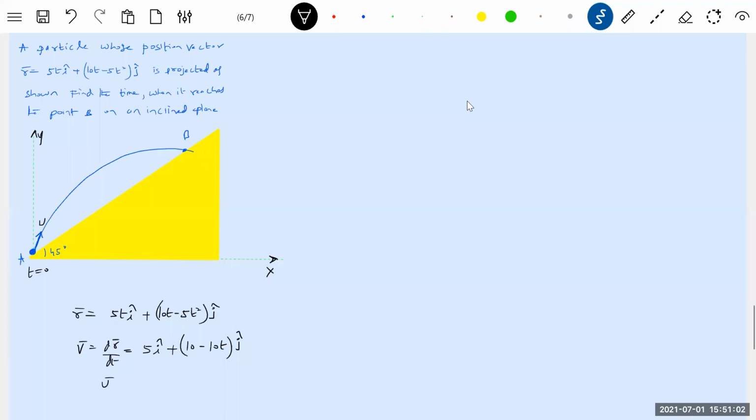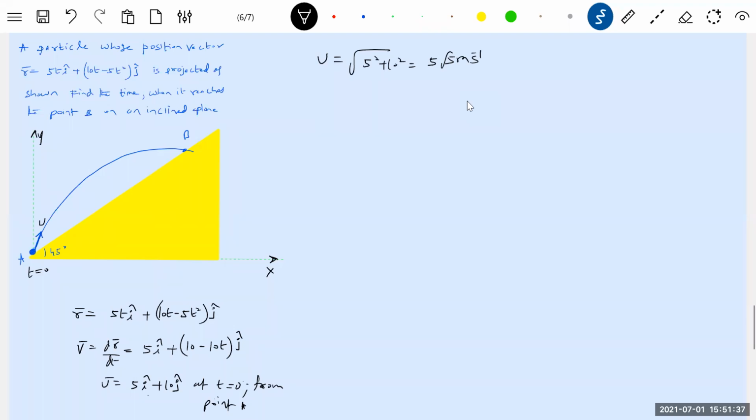That will become the initial velocity. Just to trouble you, instead of giving all the things directly, they are indirectly putting t equals 0 at point A. Now we know 5 i cap plus 10 j cap. So the initial speed of projection will be root of 5 square plus 10 square, root of 125, or 25 into 5, that is 5 root 5.